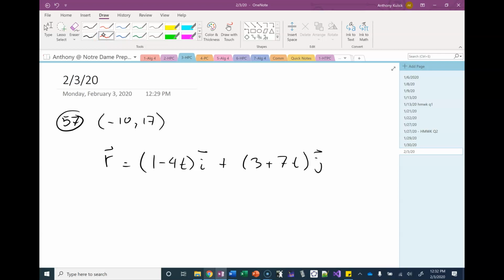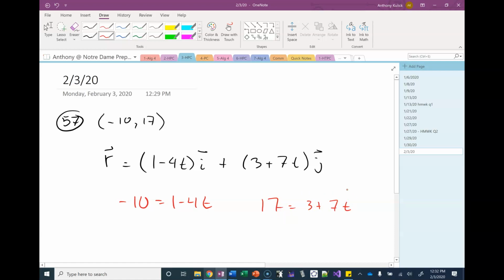Yep, that's all we're saying. So if this is true, then negative 10 should equal 1 minus 4t. And the j vector represents the y component. So 17 should equal 3 plus 7t.